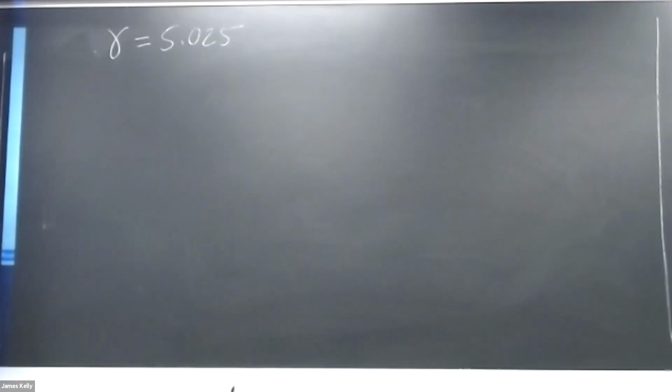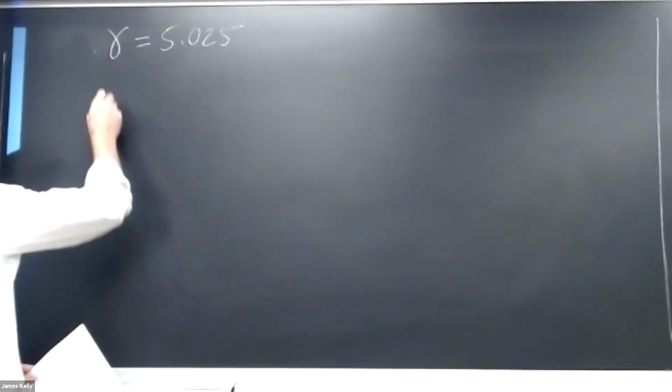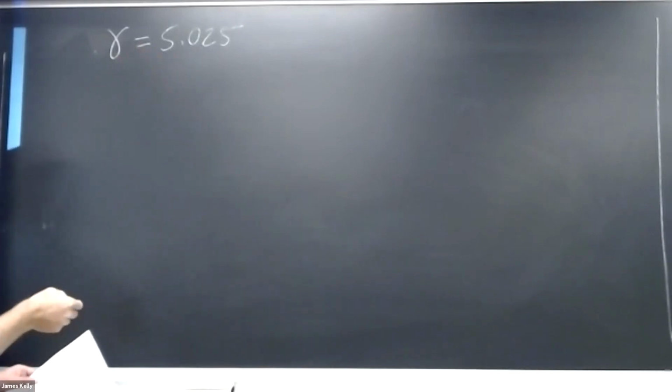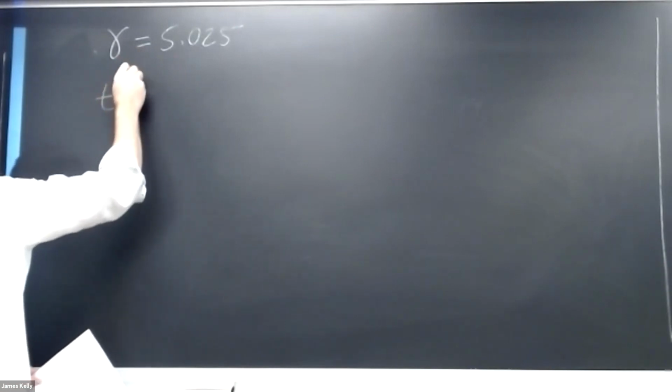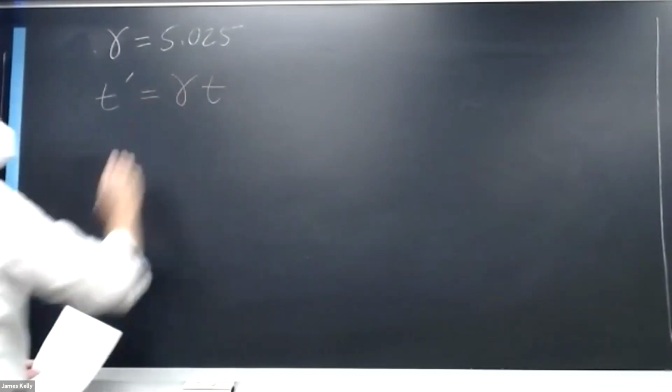D asks something that is not like that. As measured from the Earth's inertial reference frame, how long does a tick of the ship's clock take? And that's exactly what this formula with the 1 over the square root gives, but I'm going to write it in the simple form because we already figured out that gamma was 5.025, and the formula for the time dilation says T prime equals gamma times T. Hey, that's a simple formula once we've calculated what gamma is.